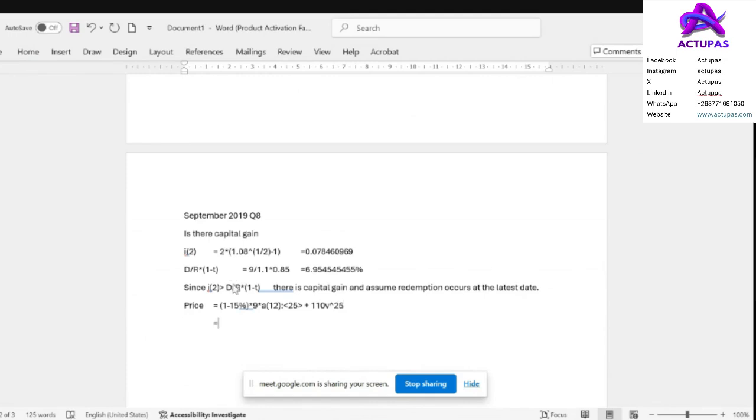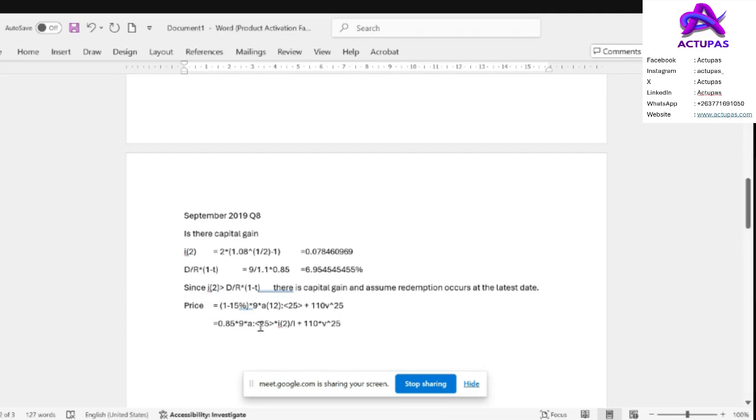This will be equal to 0.85 by 9 by, from the tables we get a25 by I2 over i, plus 110 by v to the power 25.